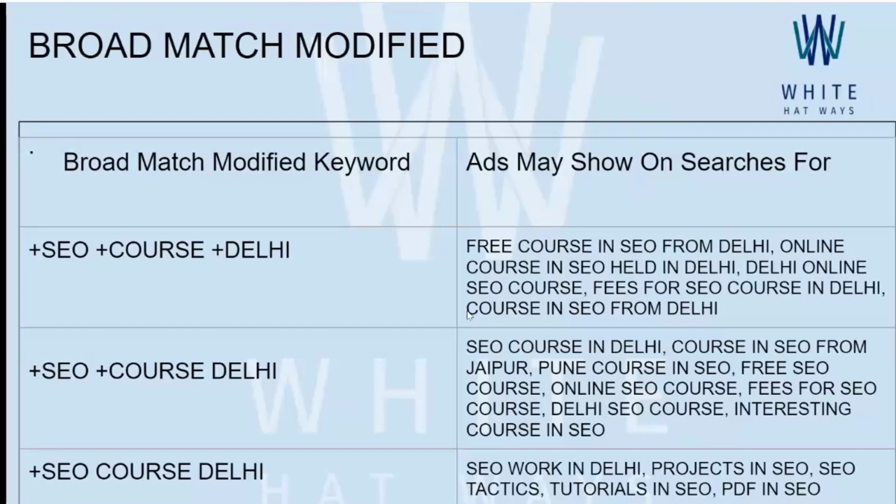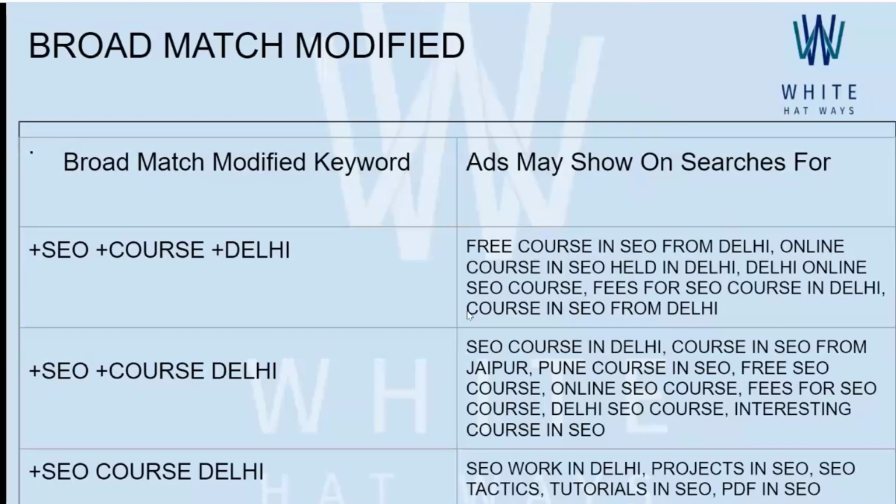Obviously, you would want to have free as a negative keyword. Online SEO course: if you're not giving an online course, obviously online is going to be a negative keyword in this case. SEO and course are there, so it will get to see the ad. Fees for SEO course: SEO course is there, so it will get to see the ad.